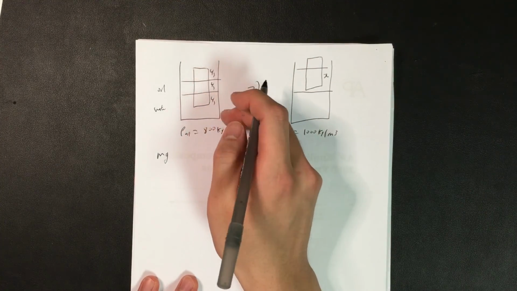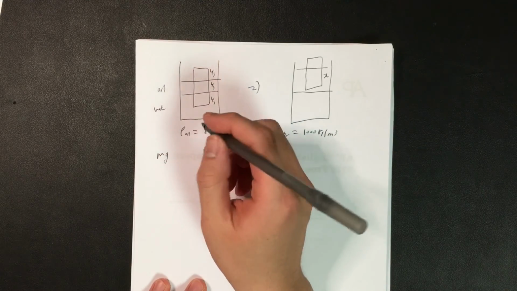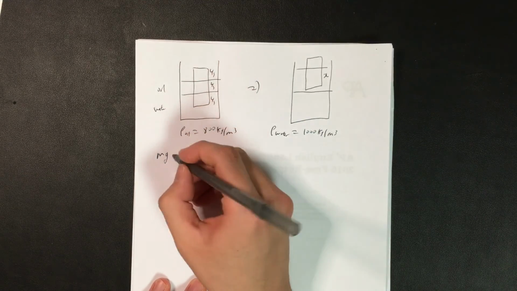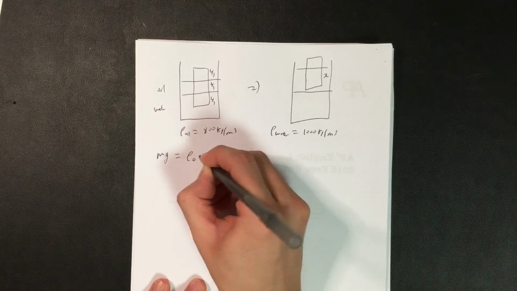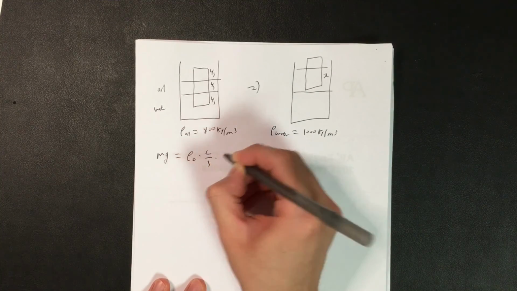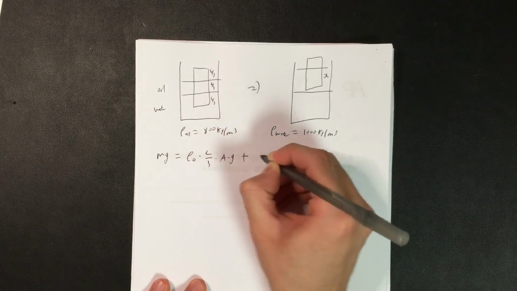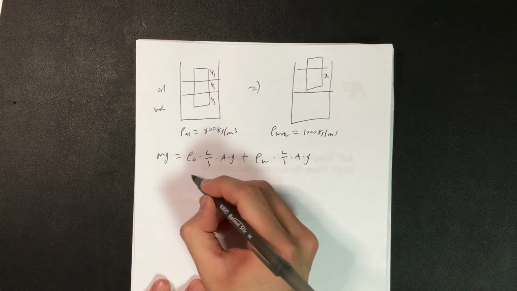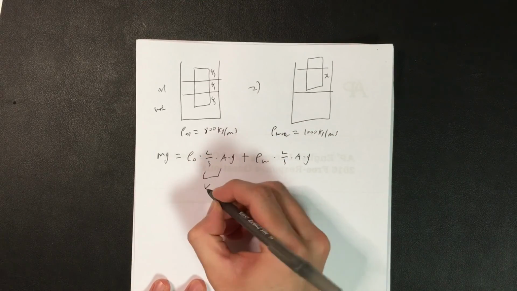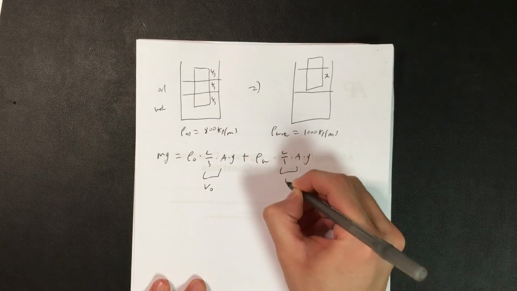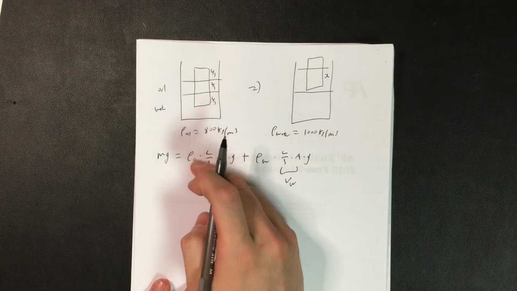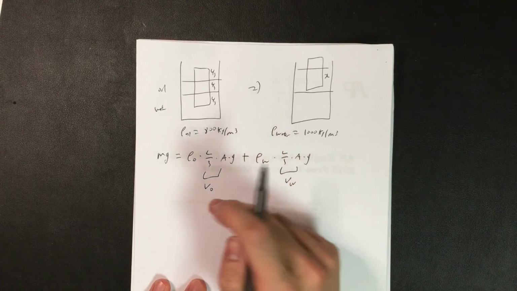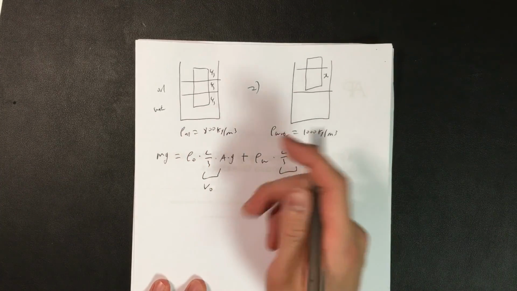And using the Archimedes principle for the first situation, mg, the weight of this object, must equal rho oil times L/3 times area times g, plus rho water times L/3 times area times g, because this is the volume displaced of oil, that is volume displaced by water, and multiplying by respective density would result in their masses.